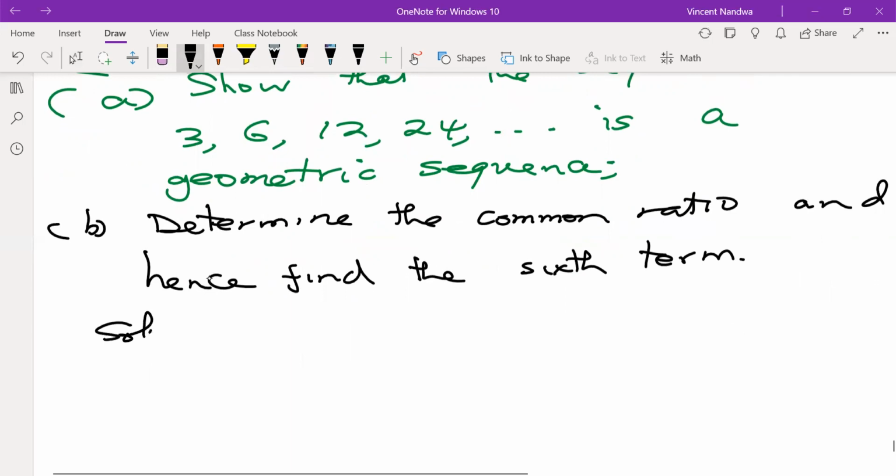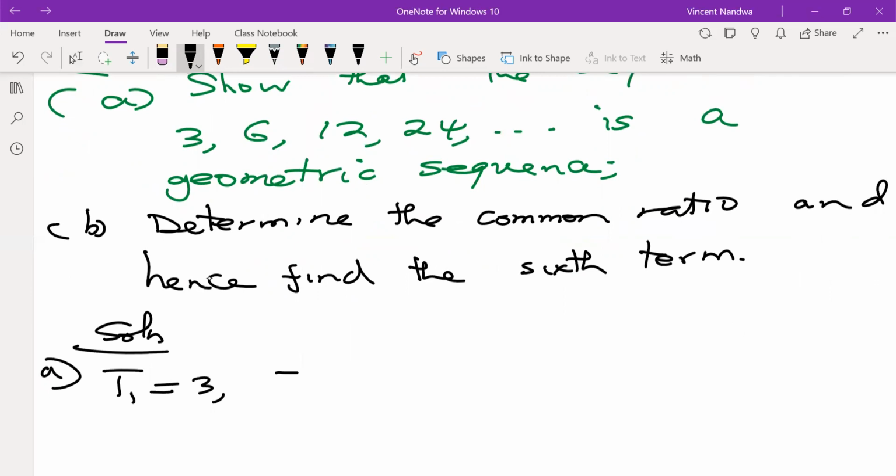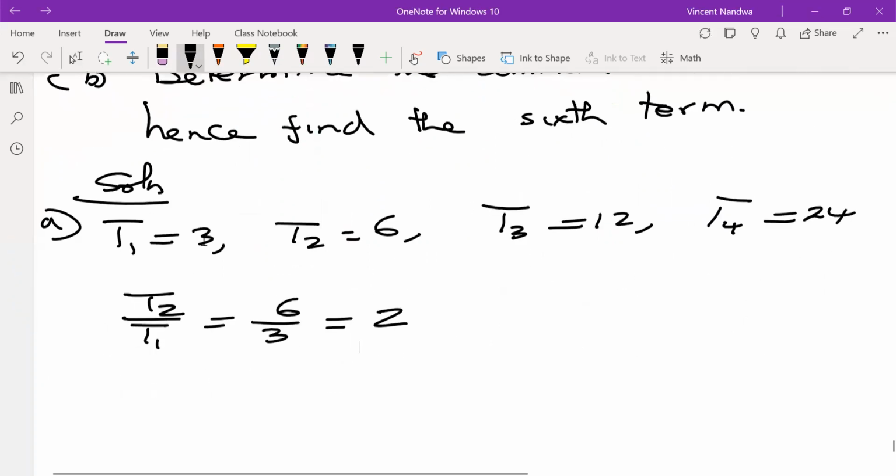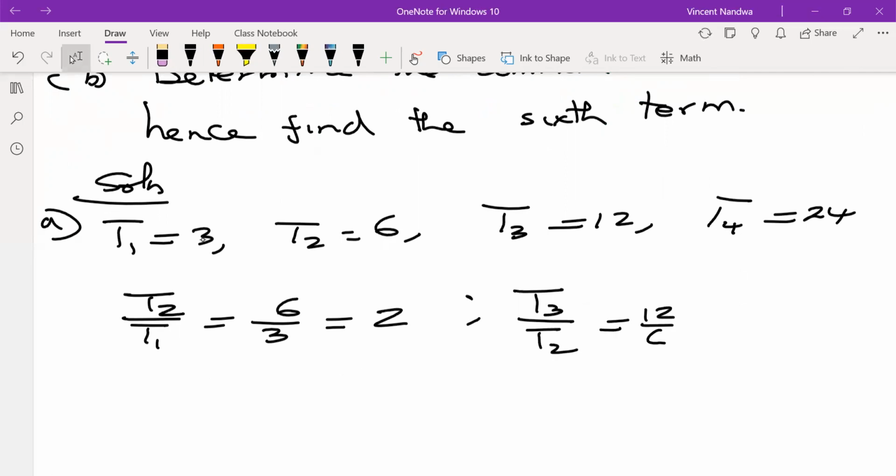So solution in A: T1 is 3, T2 is 6, T3 is 12, T4 is 24. So T2 over T1 is 6 over 3, which is 2. And then T3 over T2 is 12 over 6, which is 2.